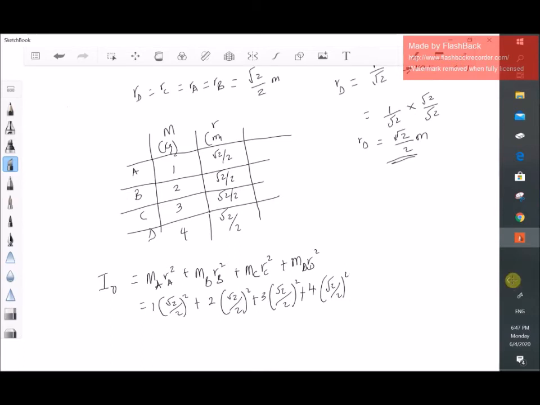Now if you don't mind, you can bring that to your calculators. So here we have 1 times root 2 over 2 all squared, which gives us 0.5, plus 2 times 0.5, plus 3 times 0.5, plus 4 times 0.5.